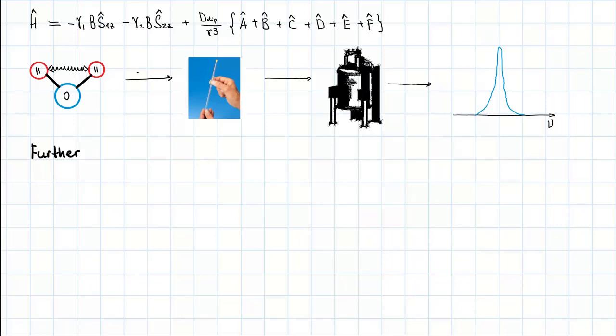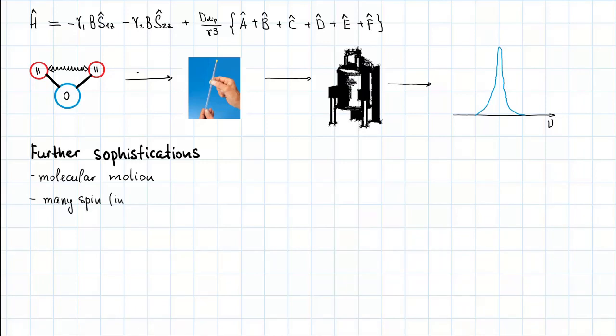For such a system, we need to make the model more sophisticated. For example, the water molecular motion, which leads to fast variation of spin-dipolar interaction, needs to be accounted for. Also, we need to include into the model the interaction of water protons from different molecules.